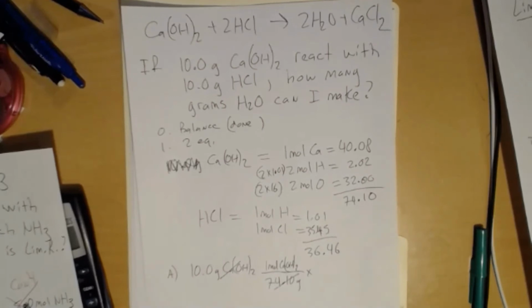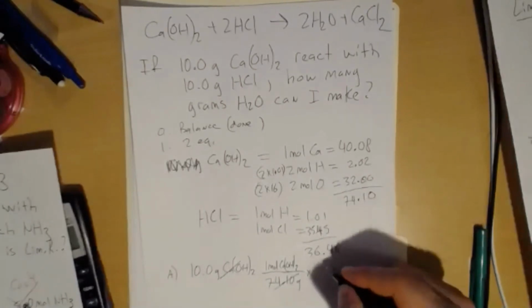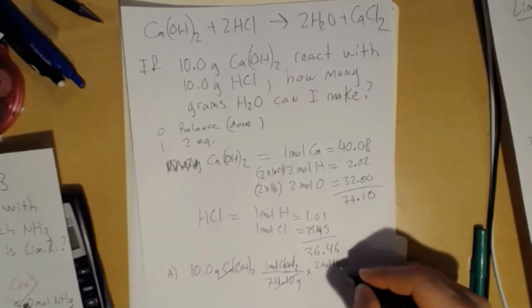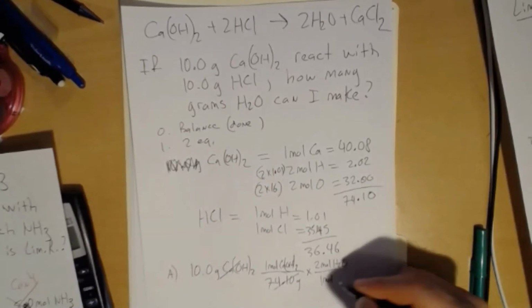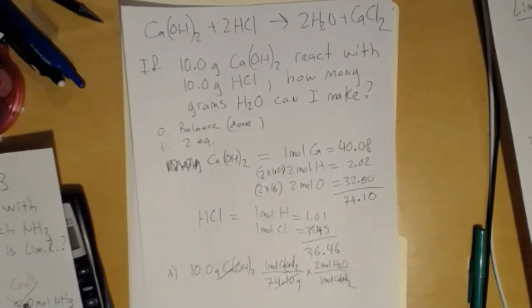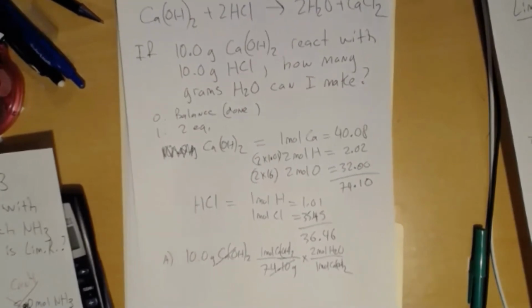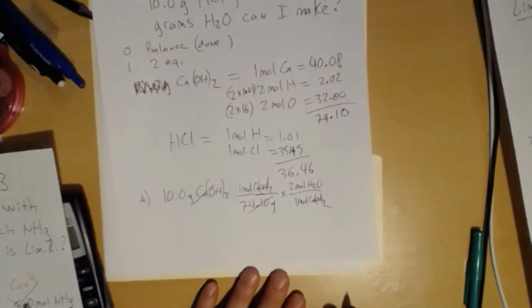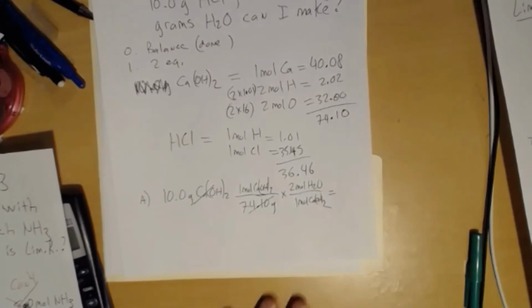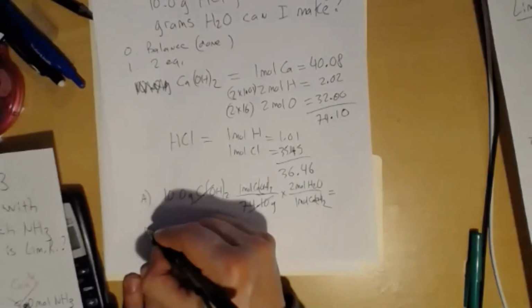On the bottom? It's 2 moles of water, so actually on the top. 2 moles of water, 1 mole calcium hydroxide. Okay. And then we could just find the moles. I've got to do it with the second equation.